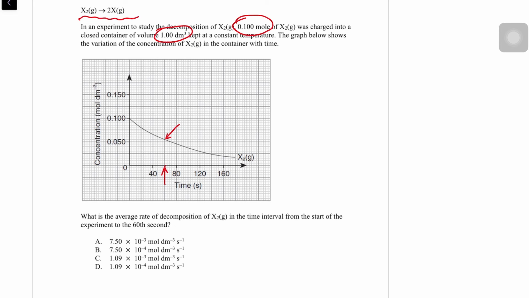We need to spend some time. 0.055. So what will be the average rate? Starting is final minus initial, over 60 plus 0. Let's see.